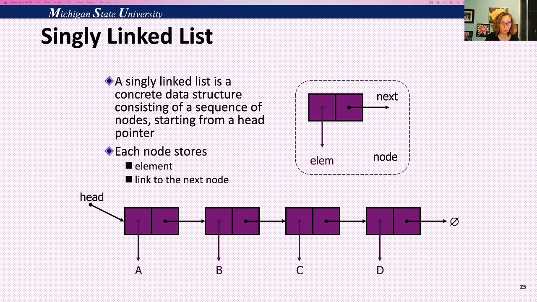Okay. So singly linked list is a concrete data structure. As I said, each structure is made of a node. Node contains the element and reference to the next node. Usually what we do is have a pointer, not a C++ pointer. We use the term pointer here loosely. A reference to the beginning of our list, and a lot of the times you will have a reference to the end of your list.